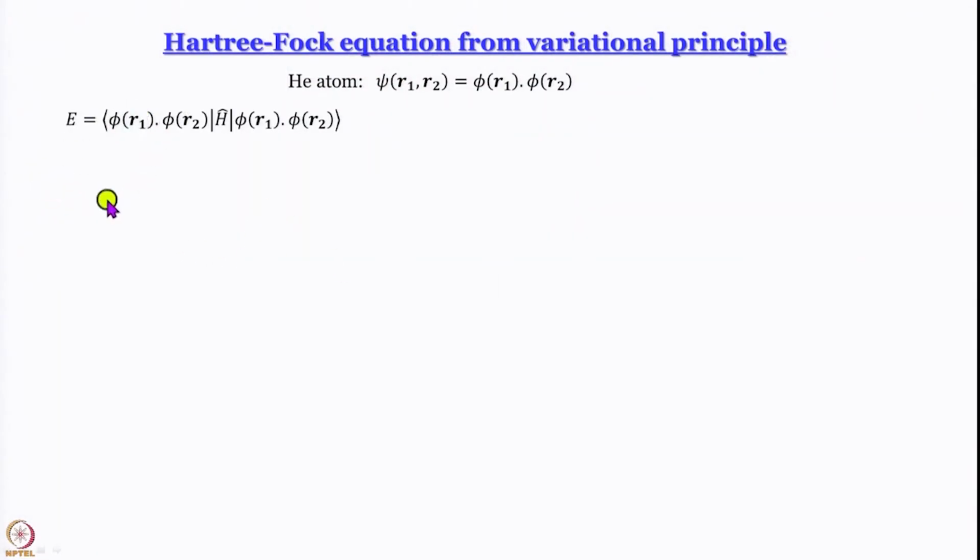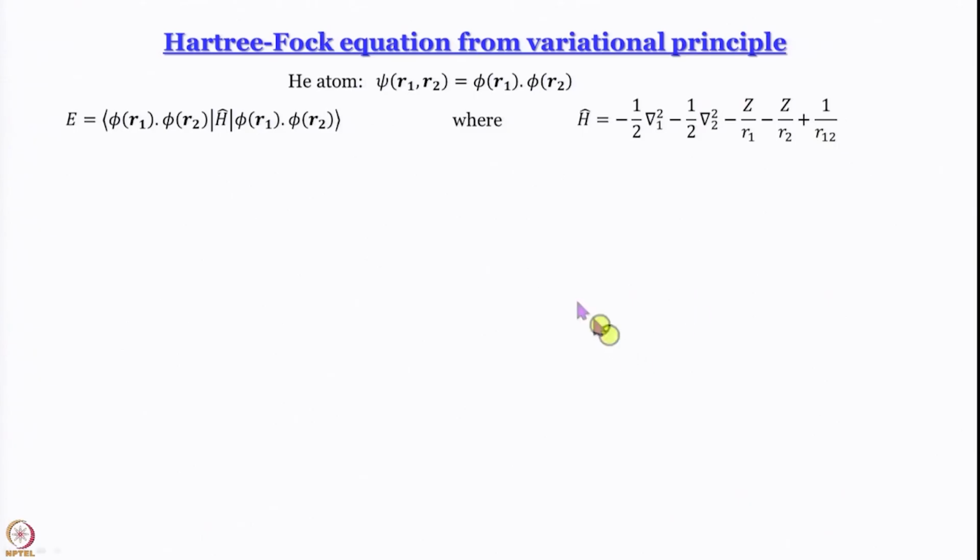What is energy? Expectation value: integral phi r1 star phi r2 star, left multiplying the Hamiltonian operating on phi r1 phi r2, over all function space. What is the Hamiltonian? We know what the Hamiltonian is in atomic units.